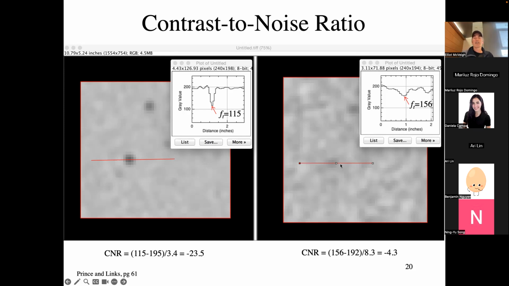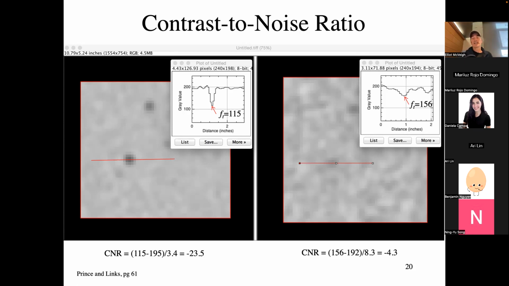Over here, it's a little bit different. So now we look at our target, and because of the reduction in spatial resolution, it probably got smeared a little bit, for one thing. And the standard deviation of the background, remember, was 8.3. So when I take 192 minus 156, which is the minimum that I achieve here, I only get a contrast of minus 4.3.